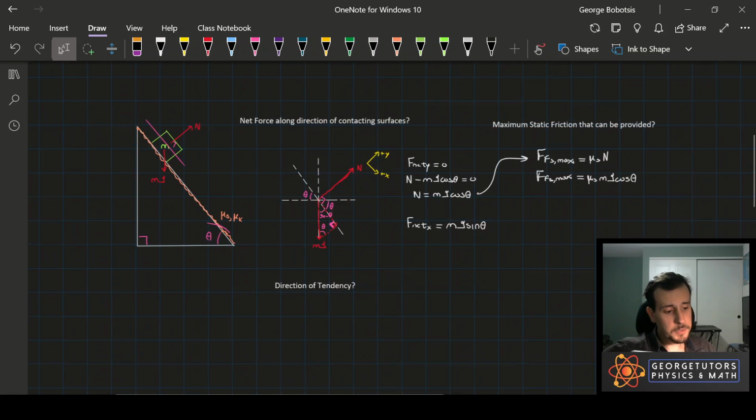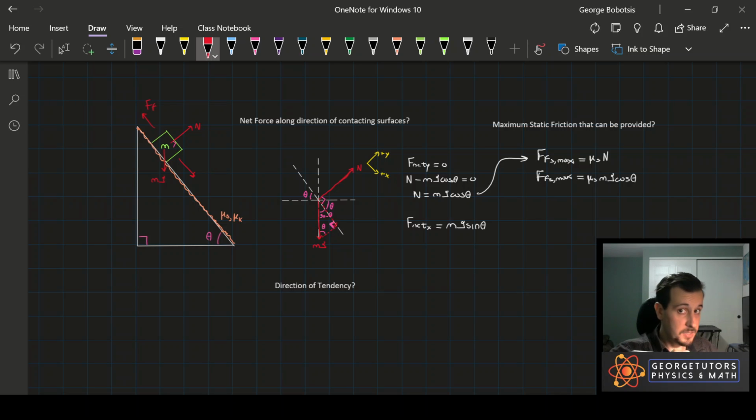So again, I hope that this makes you understand that there's more to asking what is the force of friction that is going to act on a body, and we have to really sit down and think about, first of all, what is the tendency of the object, where does it want to go? So when we determine the direction of the force of friction, in this case the tendency was down and to the right, so any friction that we found would have been pointing up and to the left.